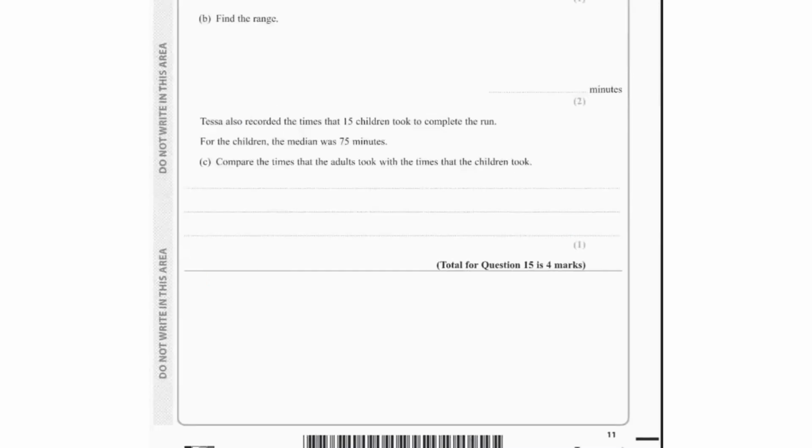Then it says, let's also record the times that 15 children took to complete the run. For the children, the median was 75 minutes. Compare the times that the adults took with the times the children took. Median value of adults is 64.